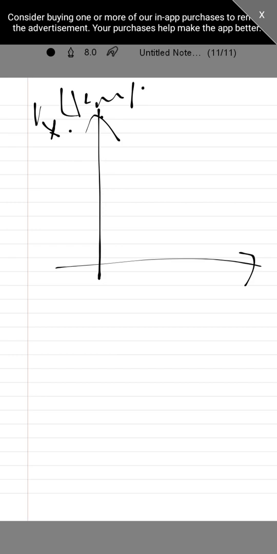kilometers per second, and then here we have time. From the information, we sketch using the information.